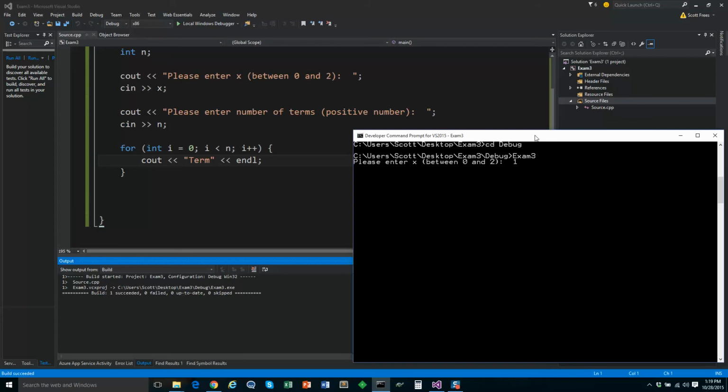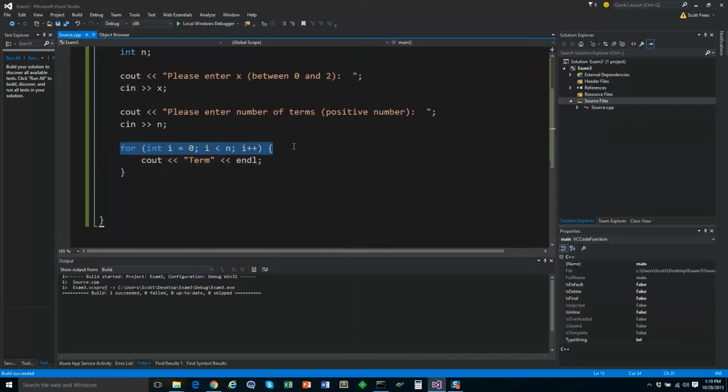I'll type in 1.1 and 10, and right now I just see that the word term appears 10 times. 1, 2, 3, 4, 5, 6, 7, 8, 9, 10. Good. Okay, so I have the right number of terms. At that point, if you're following the procedure that I'm recommending, I'm not going to touch that for loop.